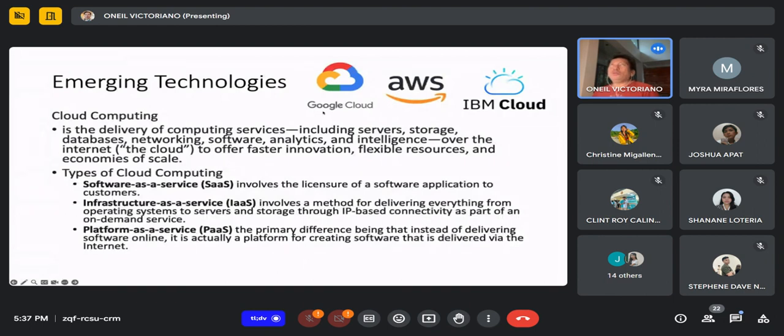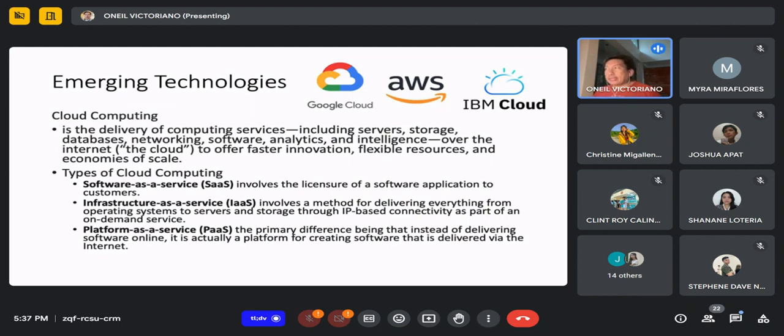And if you try to go to basic cloud for Google, like Google Suites, like you're doing emails, sharing documents, we are doing training now using Google services. It's actually part of cloud computing.